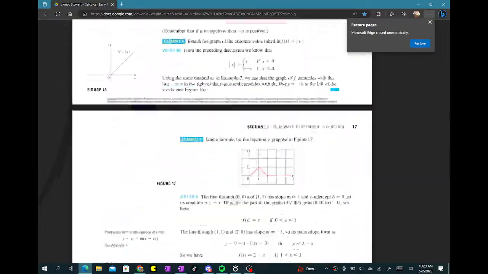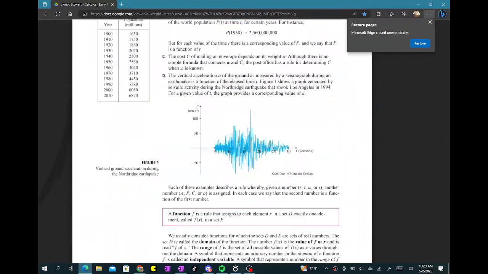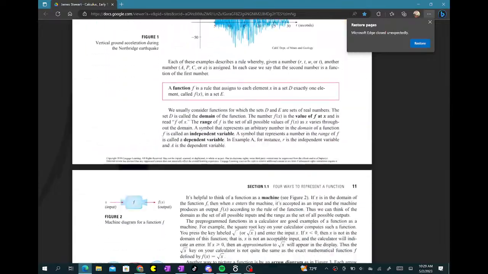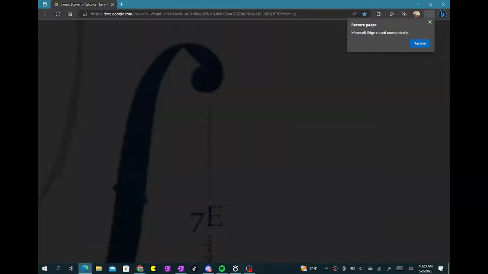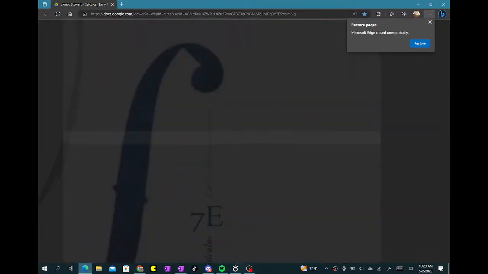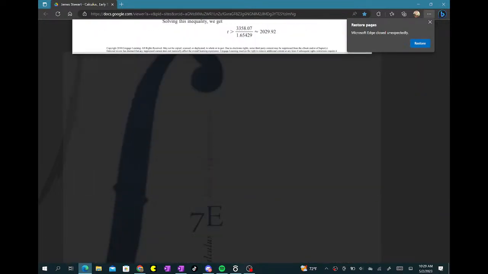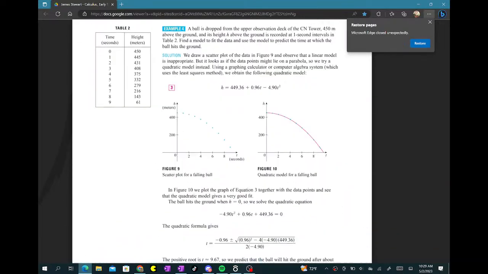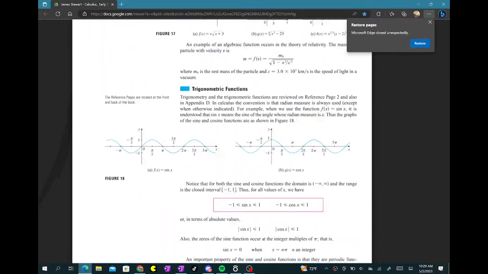It's chapter 1, but it's functions, I think it's functions and models. Yeah, functions and models. And I'm gonna try to go over as much of this as I can. I don't know exactly how many sections there are in here.